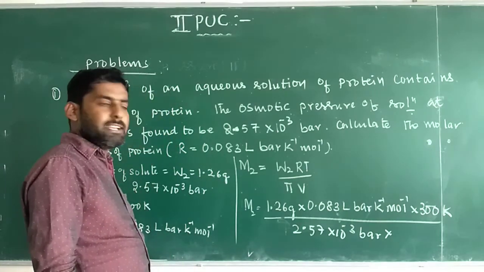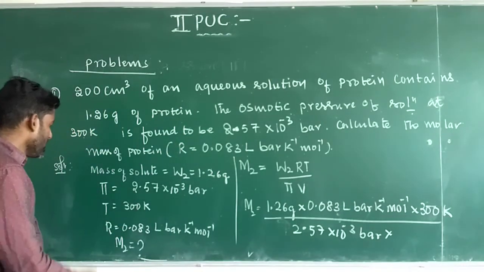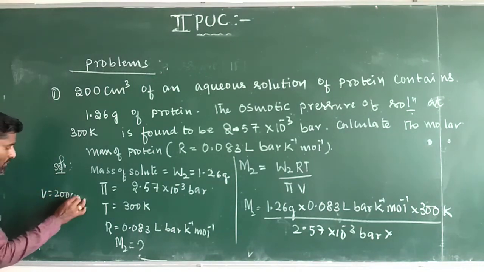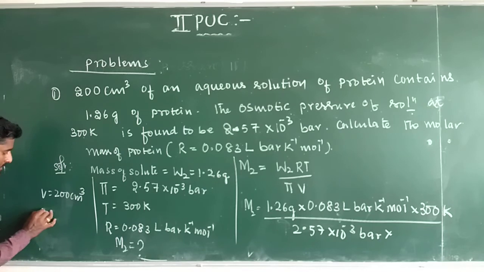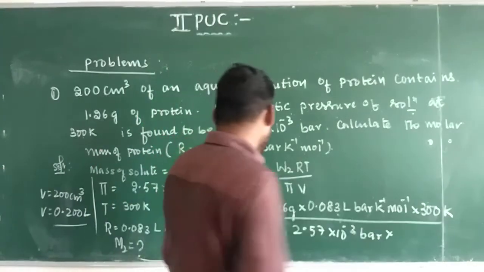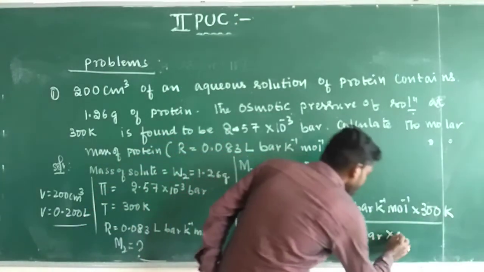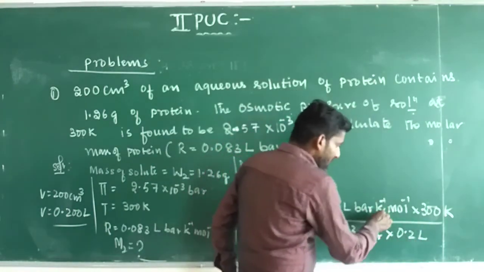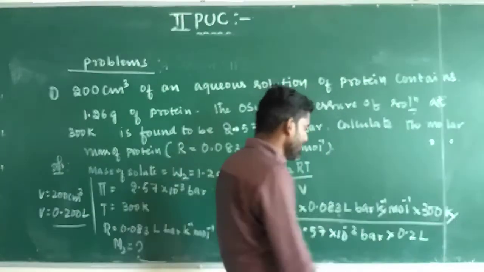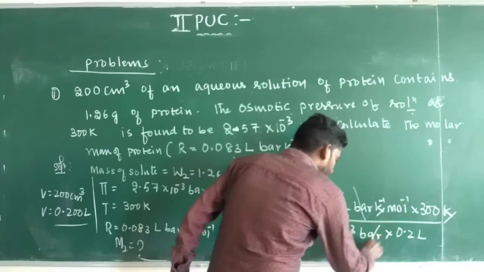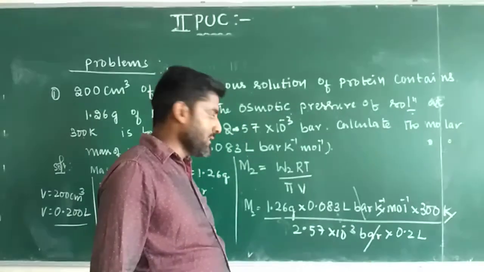Volume in terms of liters we want. The volume V is given as 200 cm cube, which in terms of liters is 0.200 liter, 0.2 liter. So here per Kelvin cancels, and bar in the numerator and bar in the denominator cancels.